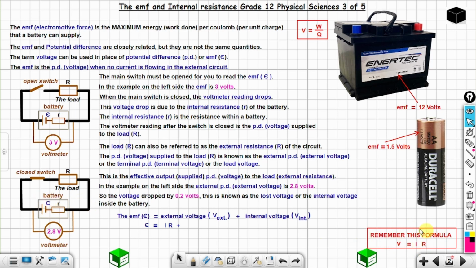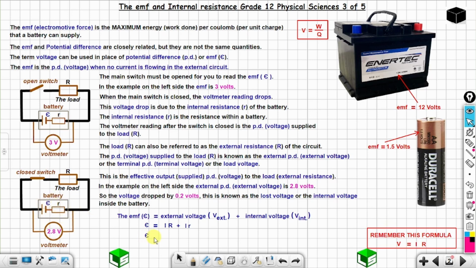You're still going to use the same formula. You have current. Now for resistance, you are going to use the lowercase r for internal. The uppercase R is for external resistance. For internal resistance, we are going to use the lowercase r, inside of the battery.